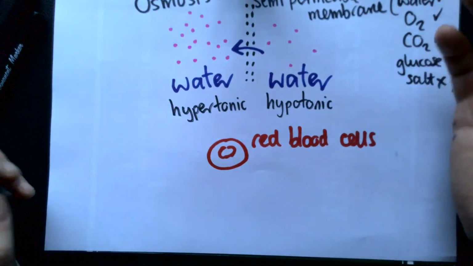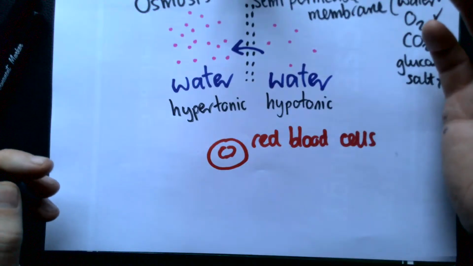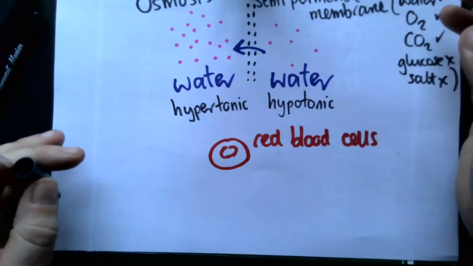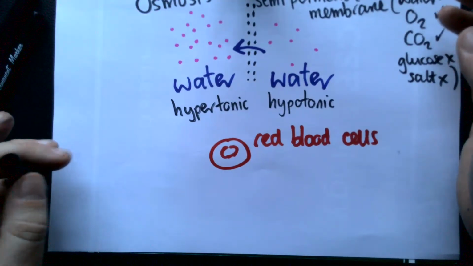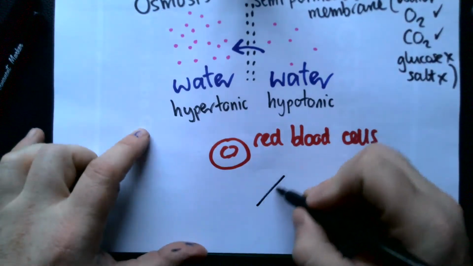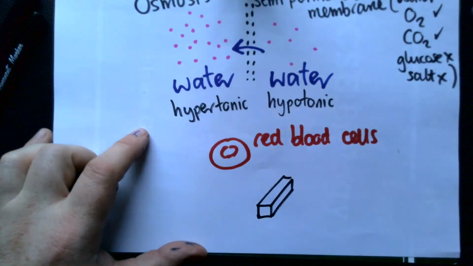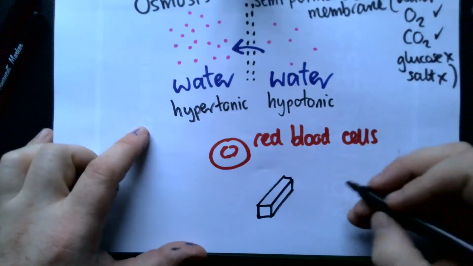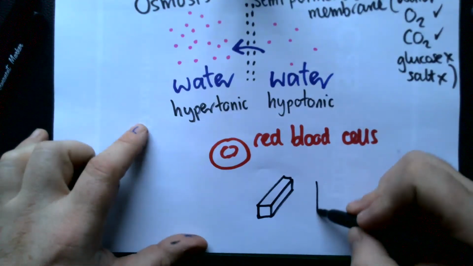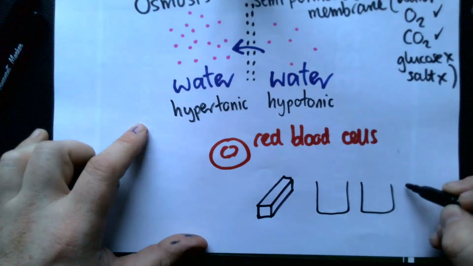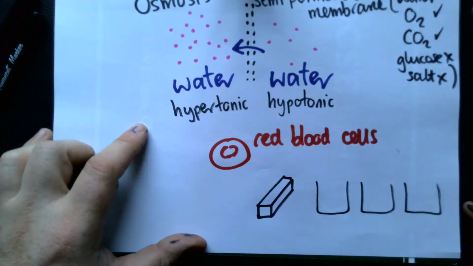Now, actually, this was a bit of a controversy a few years ago, where we teach it with potato cells. So we have chips of potato, basically cut into blocks, and we place them into beakers of salt solution.